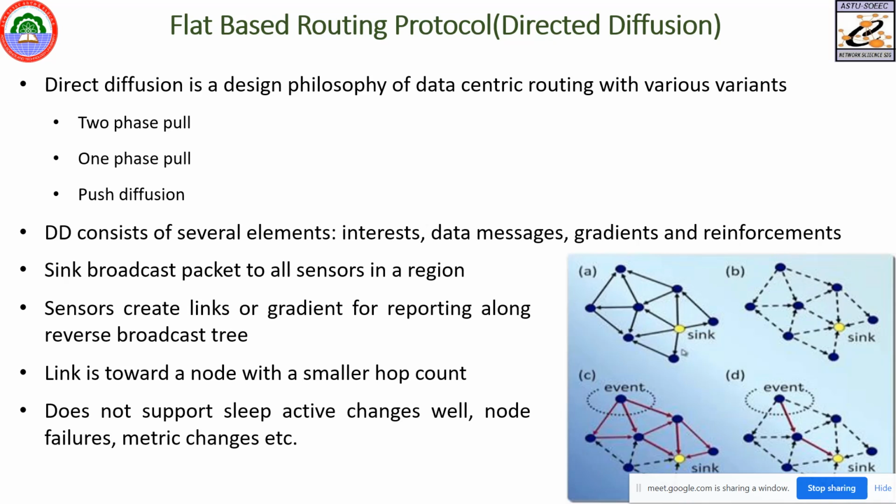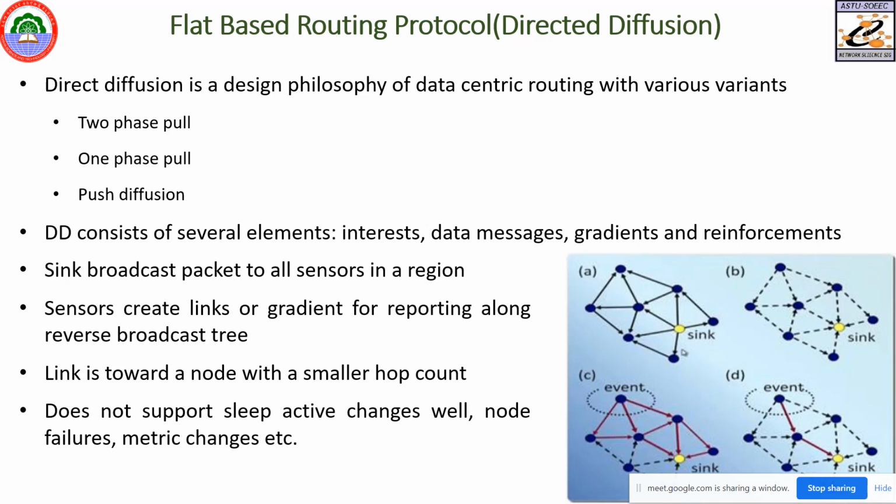When it is going to route the packet, according to direct diffusion, there are various steps to be followed. In the first step, it has to propagate the interest, which we discussed in data dissemination. It will check with the neighbors whether they are ready to receive the information or not. If any neighbor is ready to receive, then it has to forward that message.